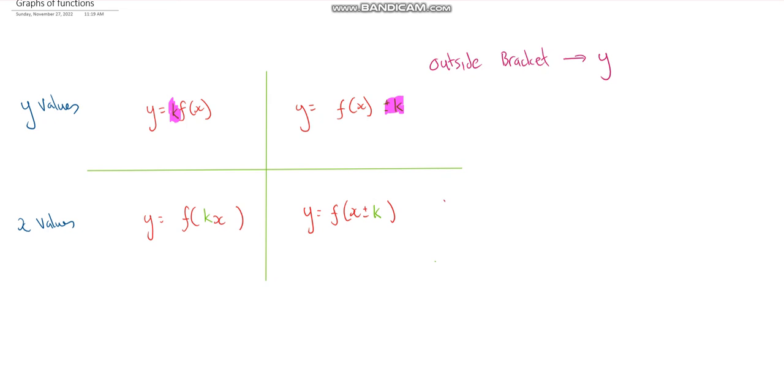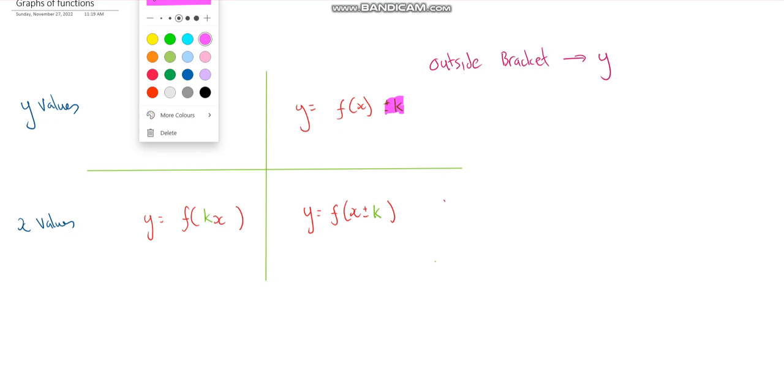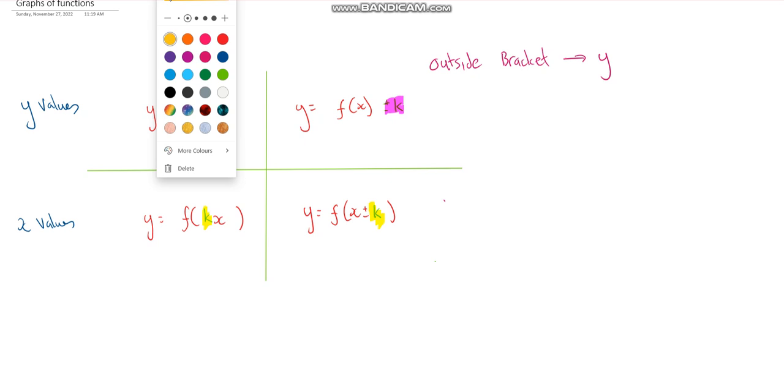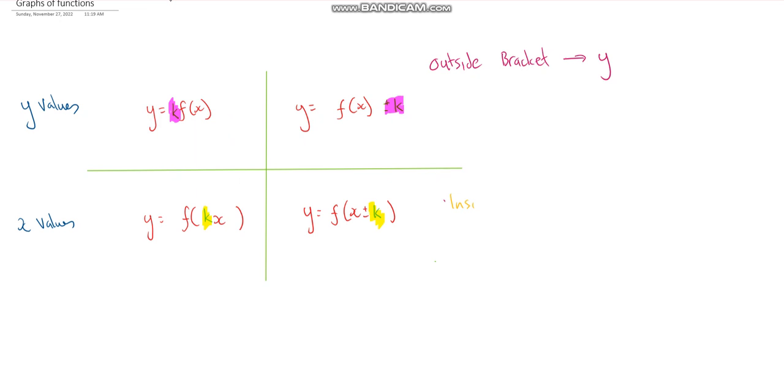And on the bottom, you can see that when k is inside the bracket, it affects the x. So if you can get that into your head first of all, that's a good position to be in. Outside the bracket, I'm moving y values. Inside the bracket, I'm affecting x.